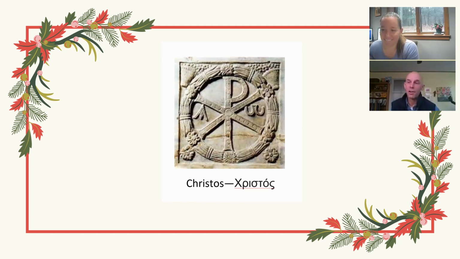So this all started with chi and rho, which are the first two Greek letters used to form the title Christos. And Christos probably sounds familiar to us. It's the same word basically as Christ, which literally means anointed one. And so as many of us know, Jesus was hailed as the Messiah, the anointed one.